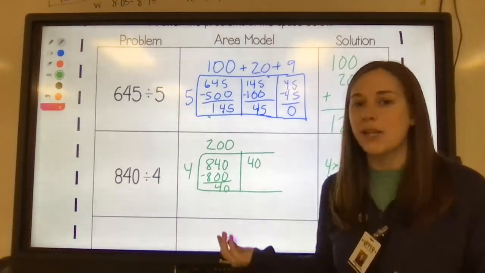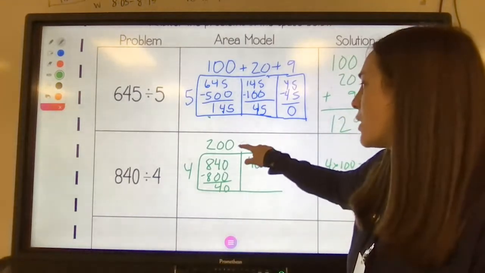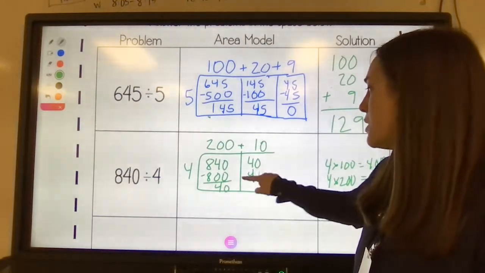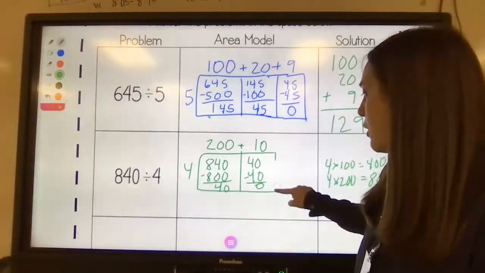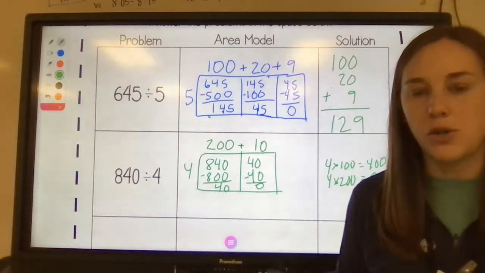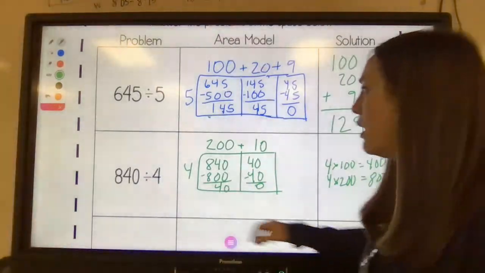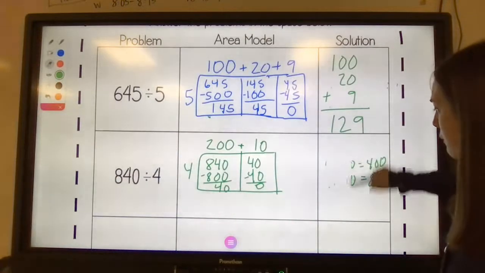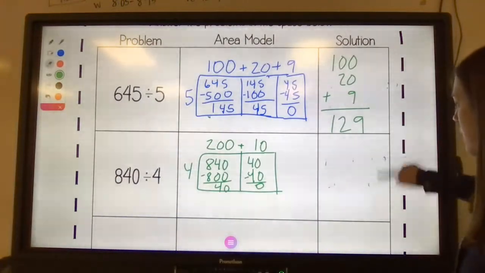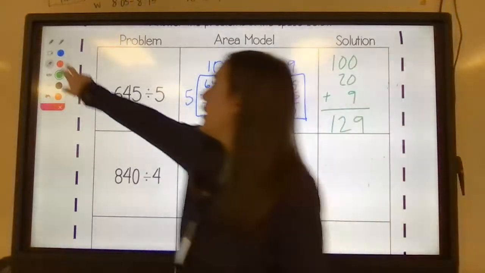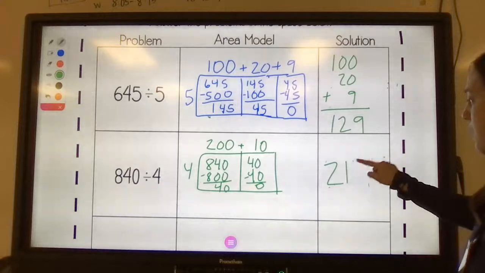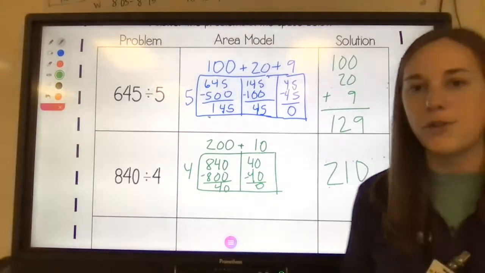Again, another basic fact: 4 times 10 is 40. So then we zero out, which is our goal. I end up with 200 plus 10, which gives me a final answer of 210. So 840 divided by 4 is equal to 210.